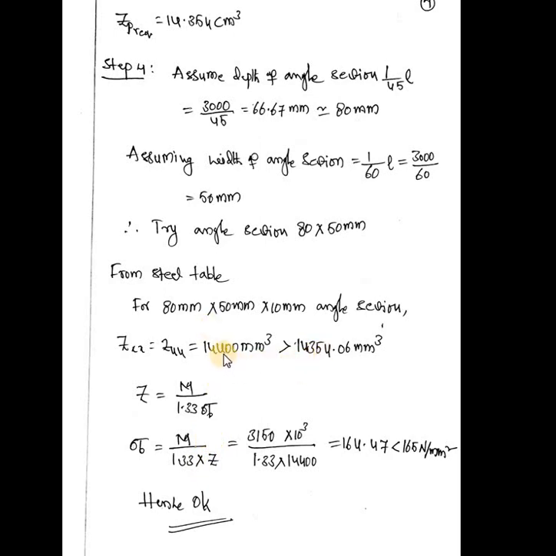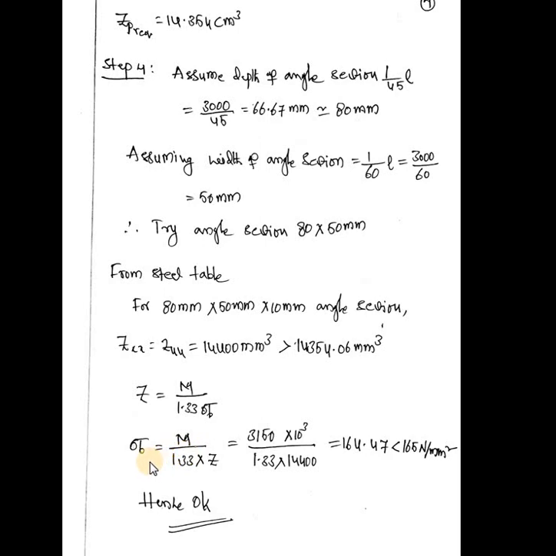Based on this value I am proceeding, because we have to cross check whether the provided 80 mm by 50 mm by 10 mm angle section is suitable to resist all these loads along the bending axis as well as the bending stresses.